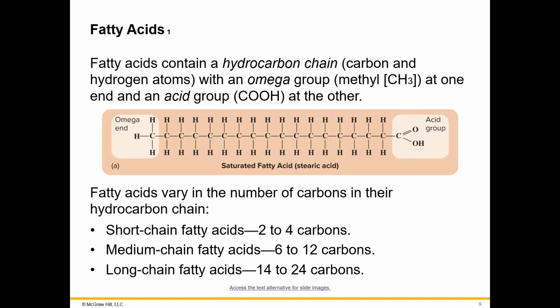So fatty acids are divided up into really 2 major types based on the number of bonds. So you see here carbon only has 4 bonds, and so you see that this is a saturated fatty acid because all of the carbons that you see on this long chain, this hydrocarbon chain, are fully bonded. Okay, so that is what we call a saturated fat, where each carbon atom within the chain is completely filled with hydrogen atoms.